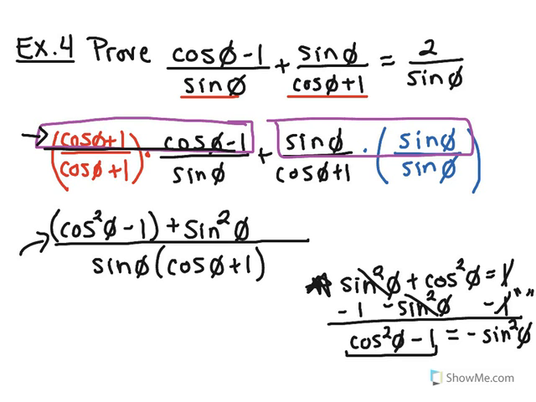And I think I ran into yet another problem, because when I replace that part with negative sine squared phi and add it to sine squared phi, these are going to cancel each other out. So we're running into a few problems, and I was just looking back through my notes, and I think I might have to make a separate tutorial for this one. I think I messed it up a little bit.